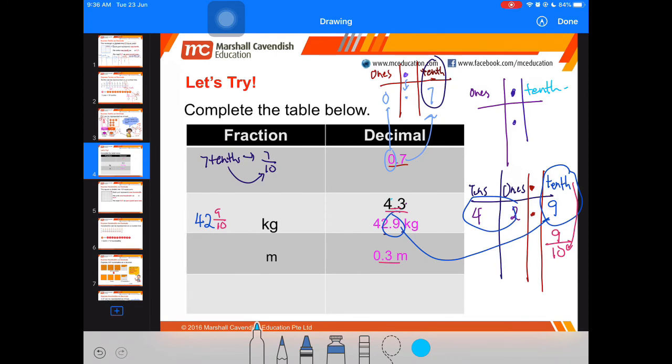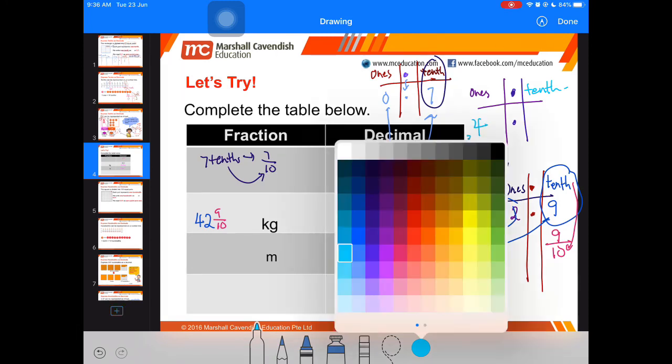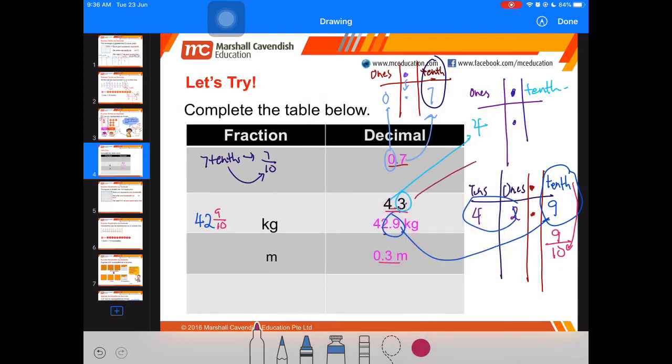So 4 should be 4 ones, 3 should be 3 tenths. Don't forget to write the 4 wholes, 4 ones, followed by the 3 tenths. Now 3 tenths expressed as a fraction will be 3 out of 10 equal parts. So this is the answer.